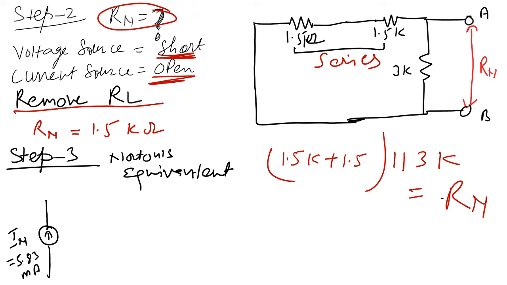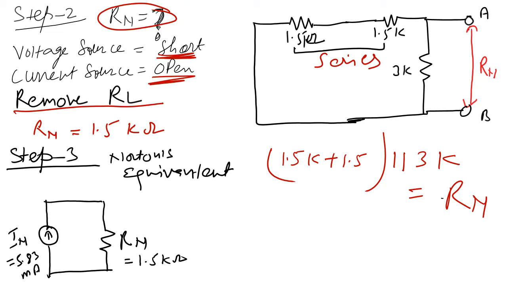Now with this current source, you have to draw the Norton resistance, which is parallel to this source. Here this will come the resistance Rn, and the value of Rn is 1.5 kilo ohm.